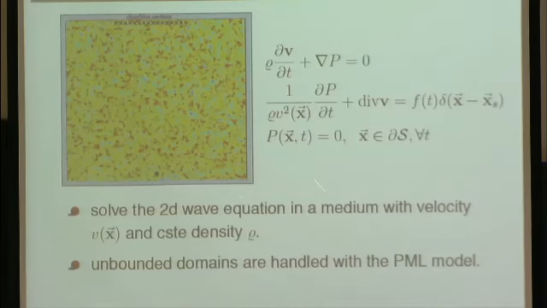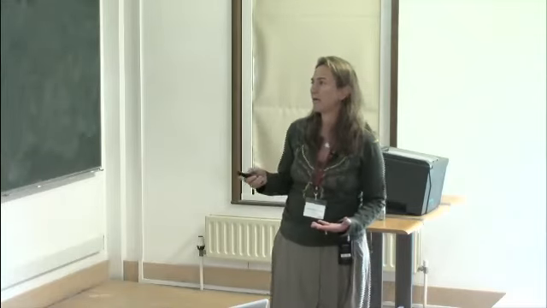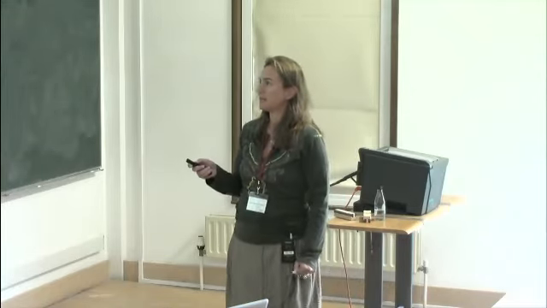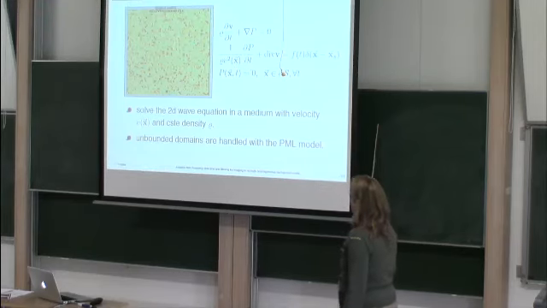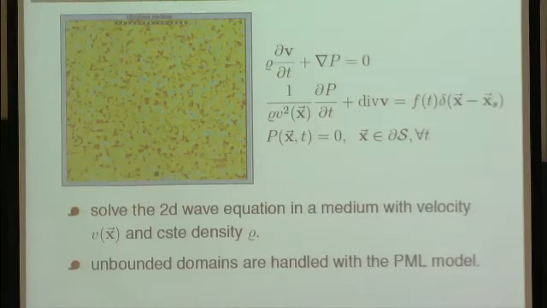So we solve numerically the two-dimensional wave equation in this medium, and there is a scatterer, the object that we wish to find. It will be a small scatterer, and the conditions on the scatterer are the pressure release conditions. This is called an acoustic soft scatterer.